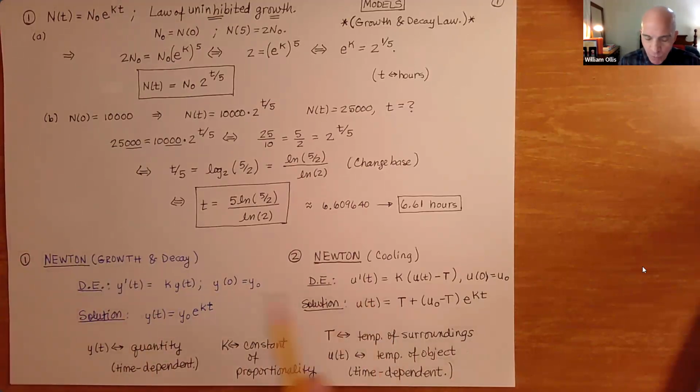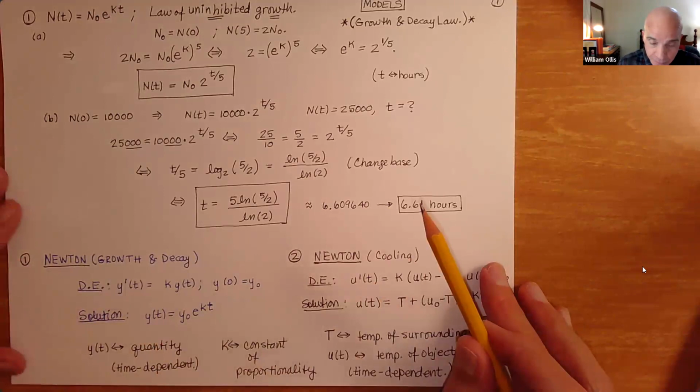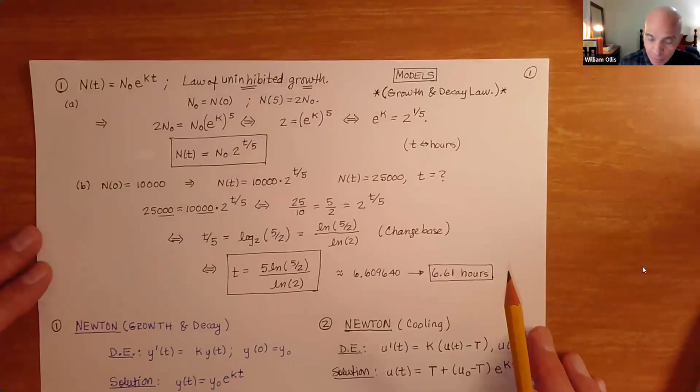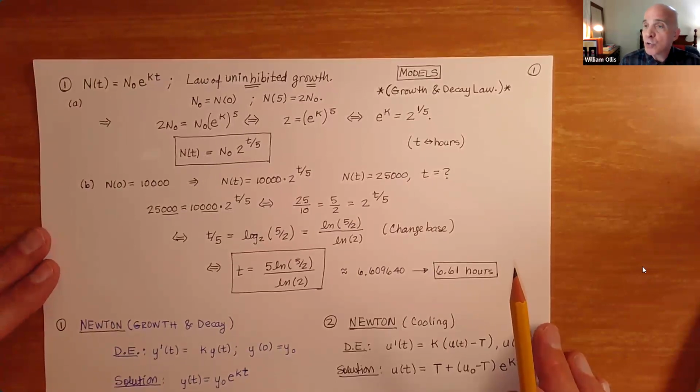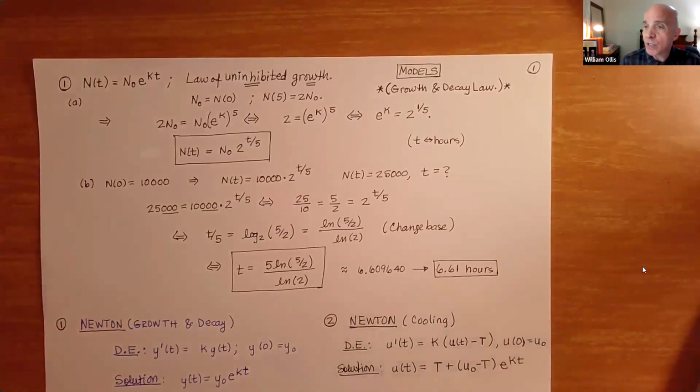So again, we have the growth and decay law and Newton's cooling law, which we want to use in some examples. Let me move back up here to the first example from your lecture notes. The notes you have list some very good examples. Let me also emphasize, in this representation we used y of t as the time-dependent quantity.